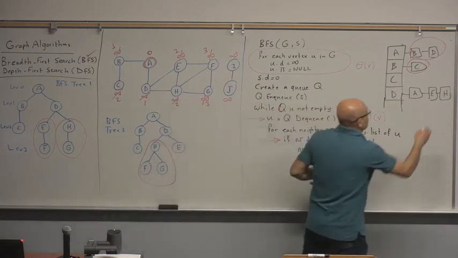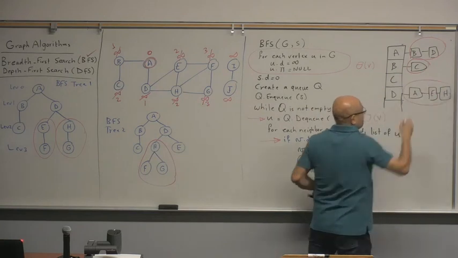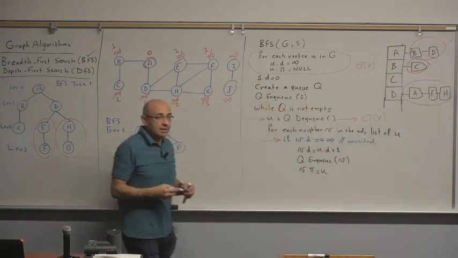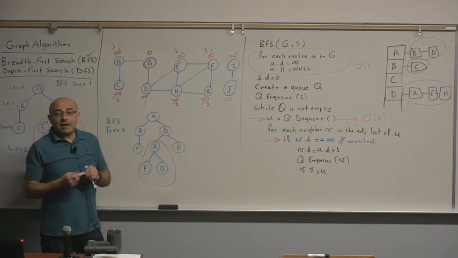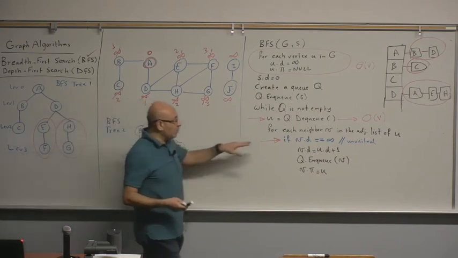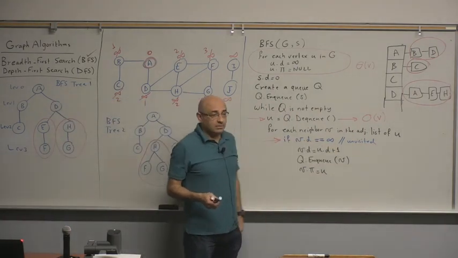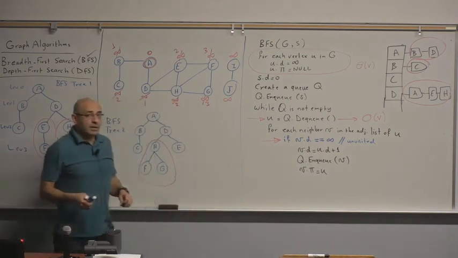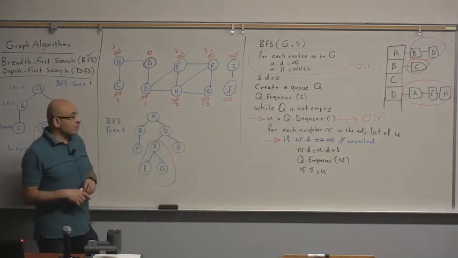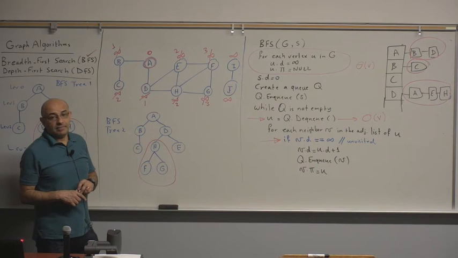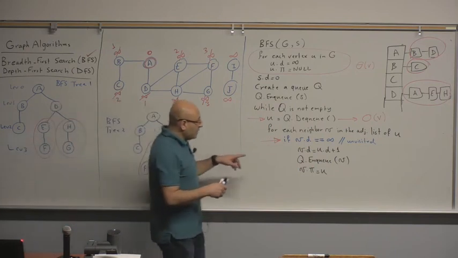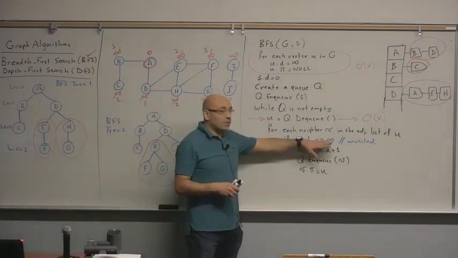When we process D, we will do it 3 times, because there are 3 neighbors. Now the key idea is that the blue line here will get executed whether the neighbor gets enqueued or not. So whether we enqueue or not, we are going to execute the line in blue.